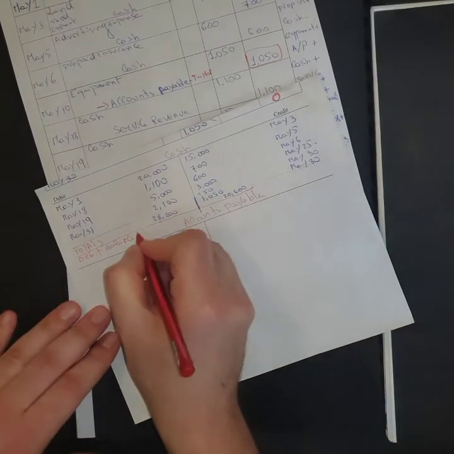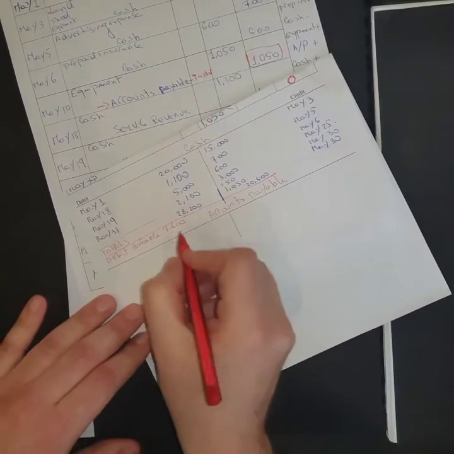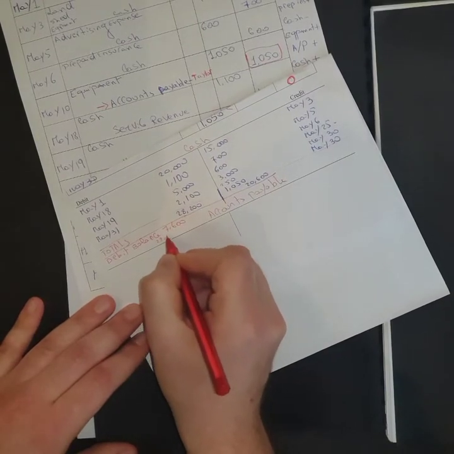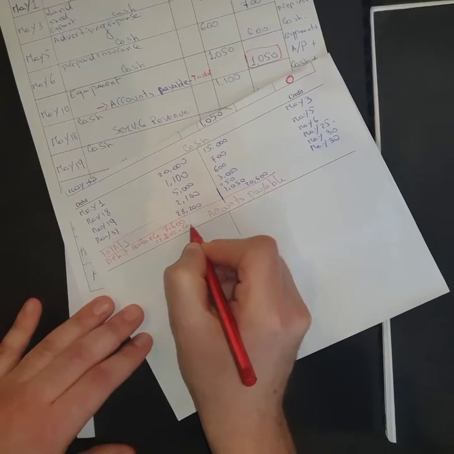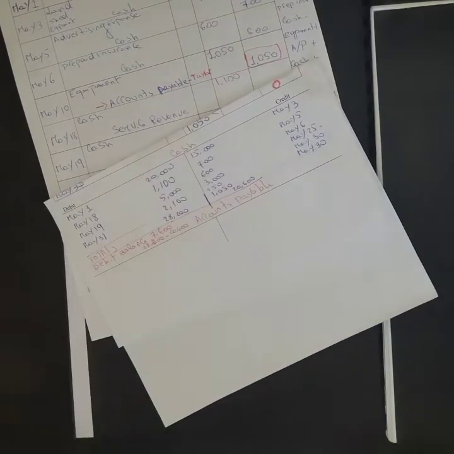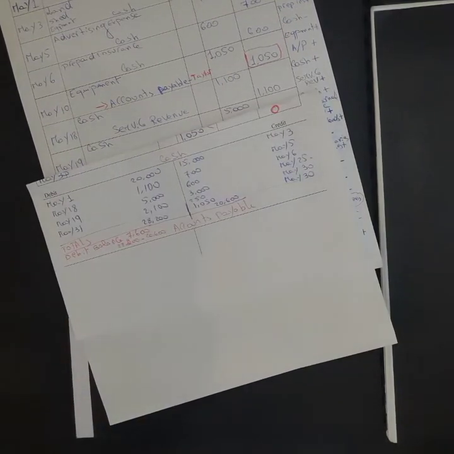It is 7,600. So this is the T account, the ledger of the cash account.